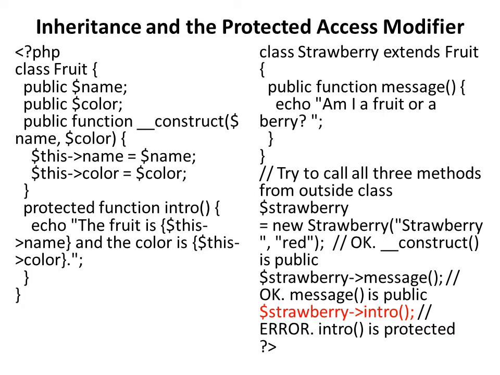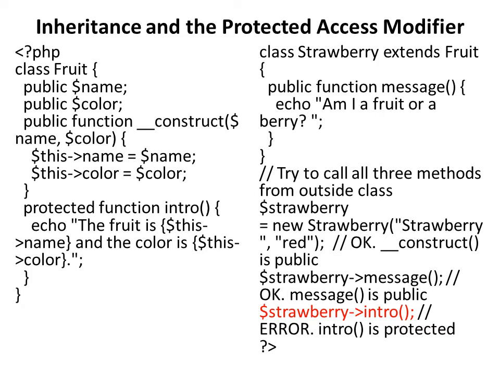So here intro is a base class function which is protected, and I'm trying to call that function outside the class. Since it is protected, it cannot be accessed outside the class and you will get an error on the screen.